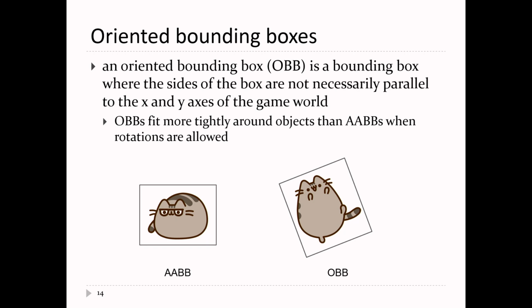So for example, suppose someone's got a sword. You swing the sword and you want to know, does it hit the enemy? If the sword looks like this, it makes sense to put a bounding box that looks like that around it. Now, if you can rotate the sword so that it's pointing upwards, you probably want to rotate the bounding box as well, so that it looks like that.